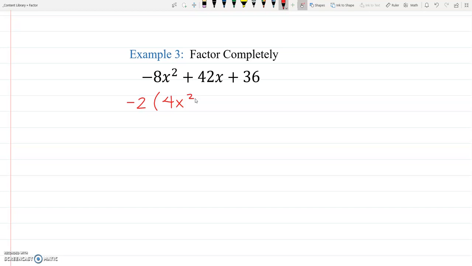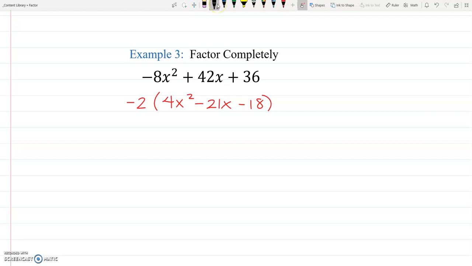Now to get positive 42x, I think I need to do negative 2 times negative 21x. That'll make it positive. And to get positive 36, I need to do negative 2 times negative 18 to get positive 36. So that's just my backwards distributive property that we did in the GCF notes.